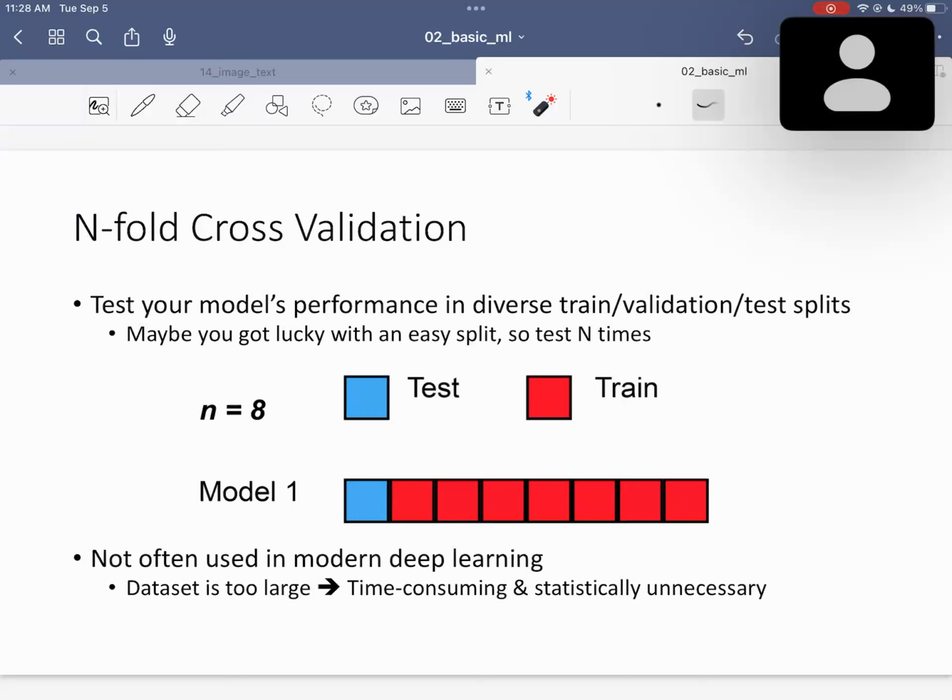It's not really that the model is generalizing well to an unseen test set. It was just pure luck. So that is why you do it 8 times. You test on here, here, here, and you won't get lucky all the time. So you average them out, and then you will get a more statistically reliable model performance estimation.